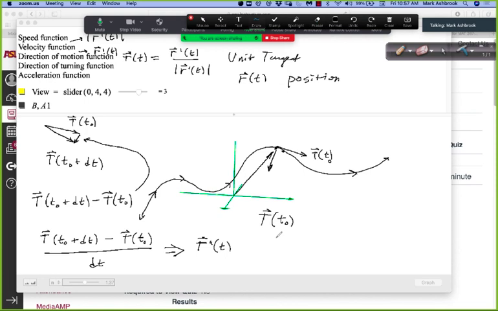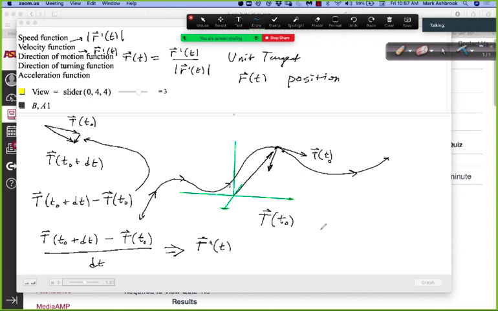And now I want to unitize that. So I take the derivative of the unit tangent function and unitize it. And so now I've got this vector right here has length 1.